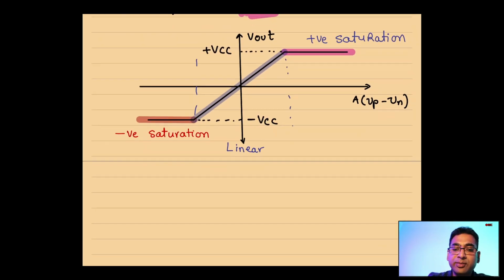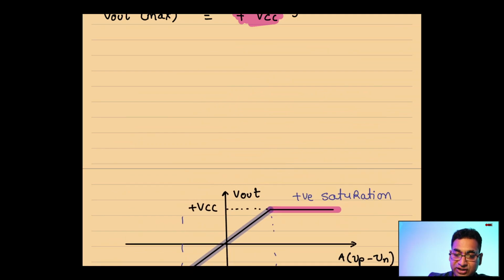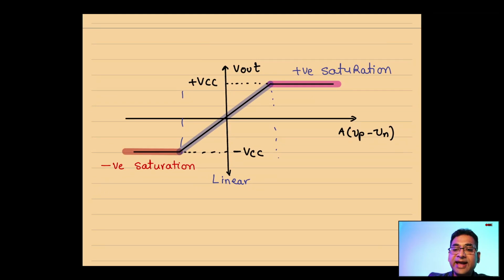You always want to make sure that your op-amp, let me drag all of this to the next page so it's easier to see. On the x-axis is your Vp minus Vn times A. As the difference between your input increases along the x-axis, your output keeps increasing. As you keep increasing the input difference, the output keeps increasing.